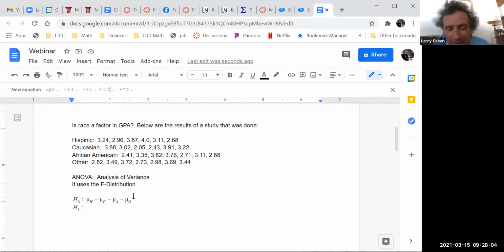And the words you can say is at least 2 of the population mean GPAs differ by race. Again, there is a symbolic way of doing it, but most people don't understand it. It's too fancy looking. So I recommend that H naught should be done with symbols. That's required. And H1 you can do with words.